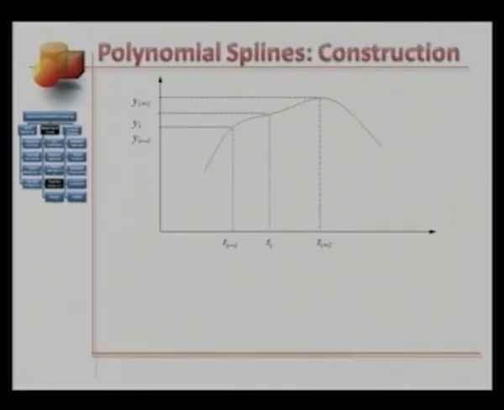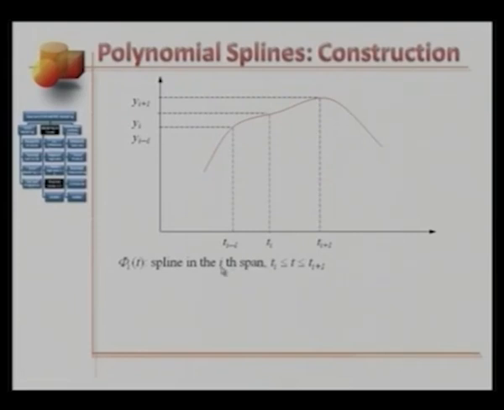Let's enlarge this figure now. Same, we have the knots now, and we have the values of this composite spline at each knot. Let phi sub i be a spline in the ith span.